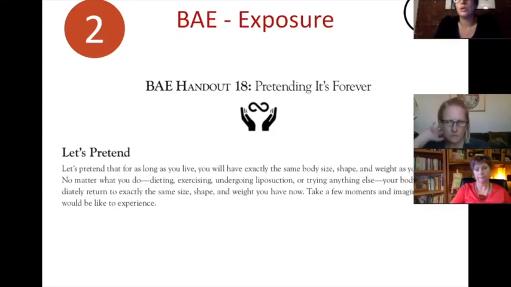And the reason why I think this is a good one is for two reasons. One, it gets patients to think about what it would be like to have to accept their body. Essentially, there's nothing that they can do. So they would feel all of these negative emotions.